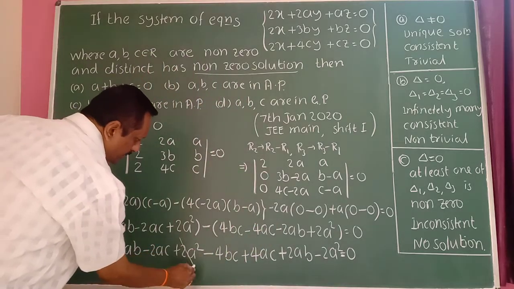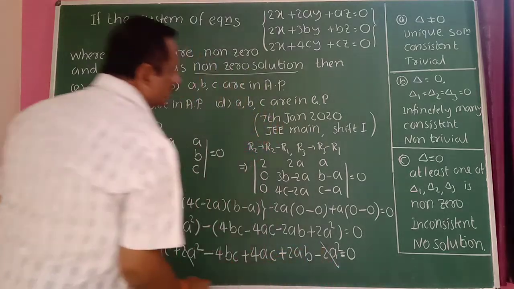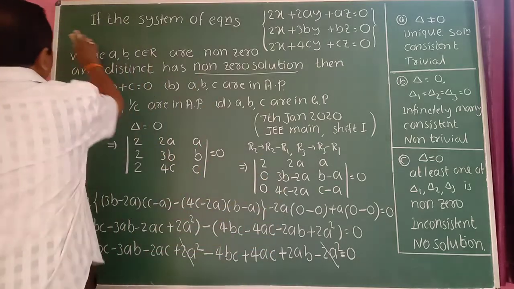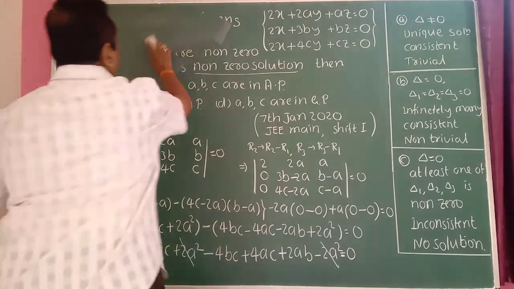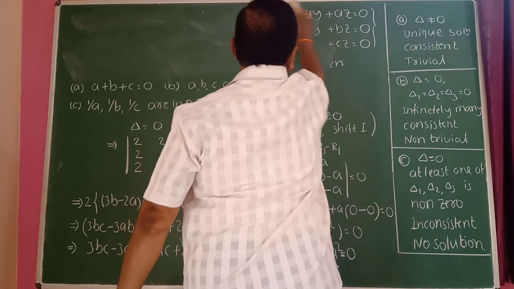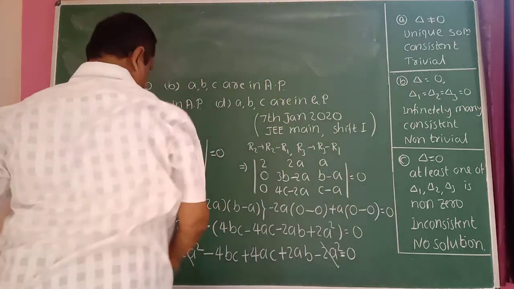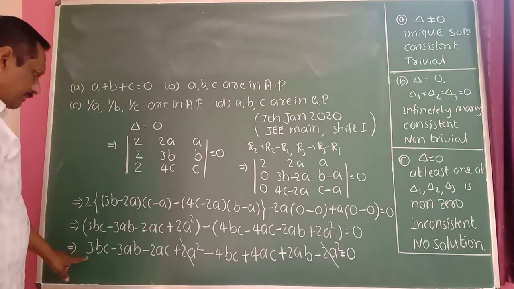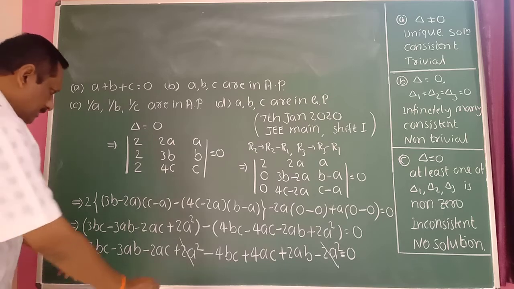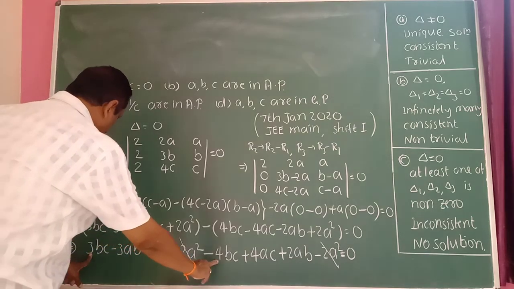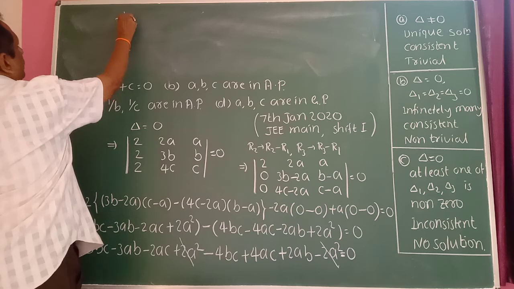Here plus 2a square and minus 2a square get cancelled here. Then 3bc minus of 4bc, so minus bc. So write here minus of bc.